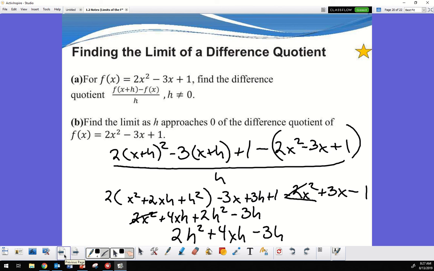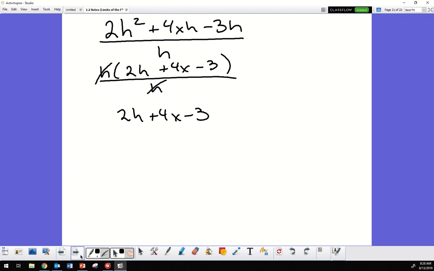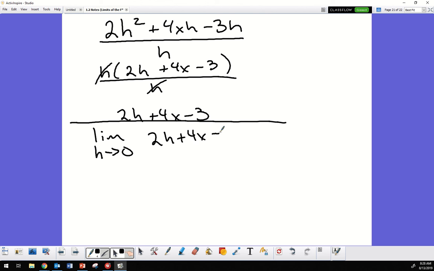Okay, so I did the difference quotient. Now, find the limit as h approaches 0. So now it's going to be the limit as h approaches 0, and this goes along with the difference quotient all the time, of 2h plus 4x minus 3.